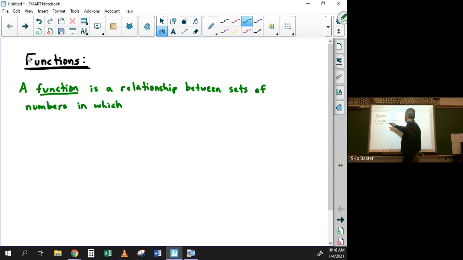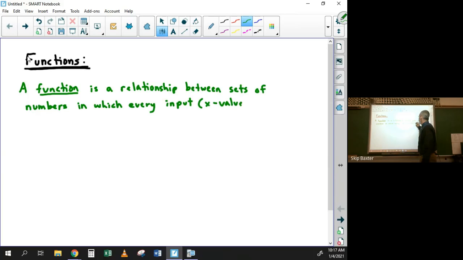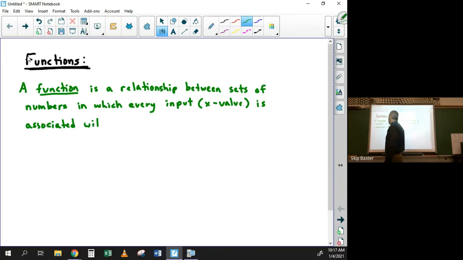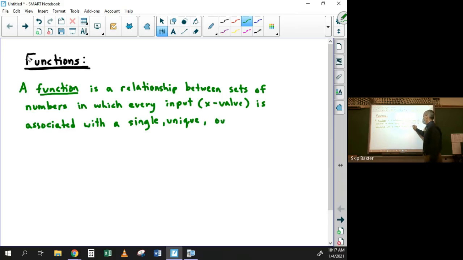So a function is a relationship between sets of numbers in which every input, or x value, is associated with a single unique output, or y value.